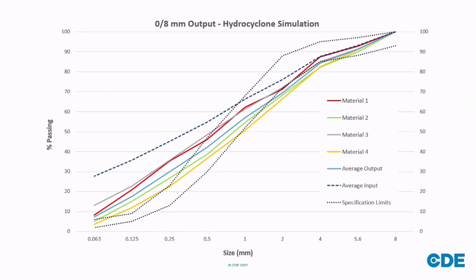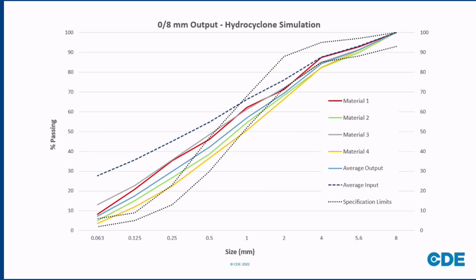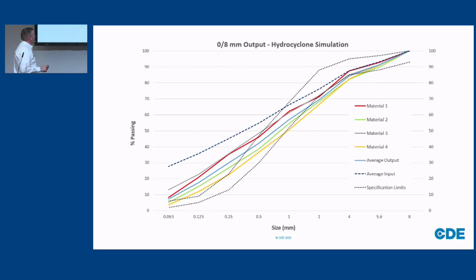If we start off with a really standard single pass of a cyclone and a wet processing plant, we can see the lines represent the table that we've seen before, the dotted lines are the specification this customer wanted to receive, and the red, blue, green, and yellow lines are the materials that we sampled.